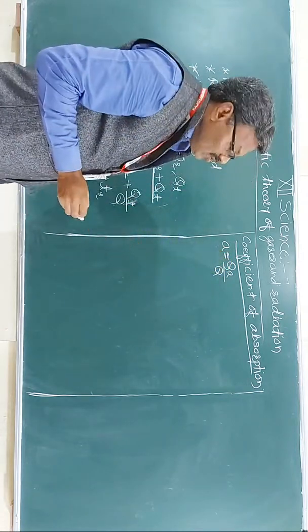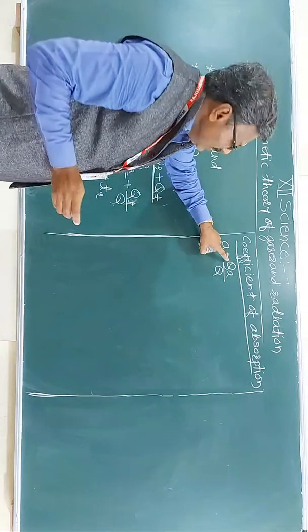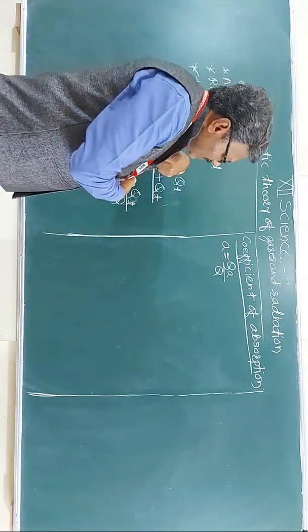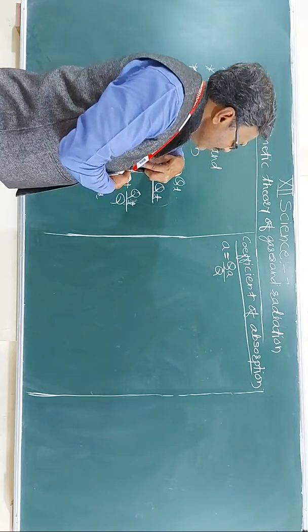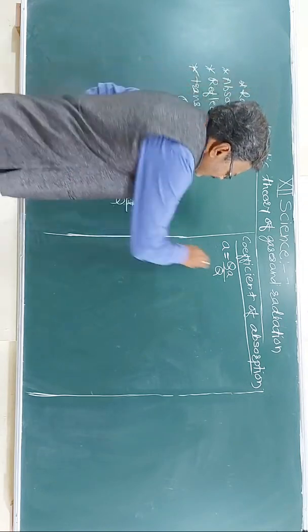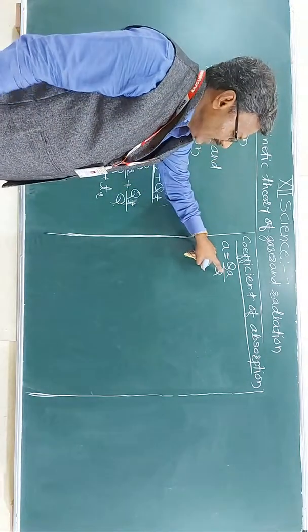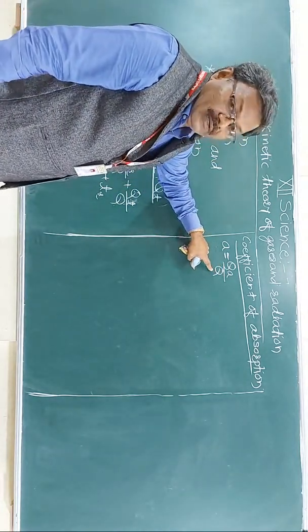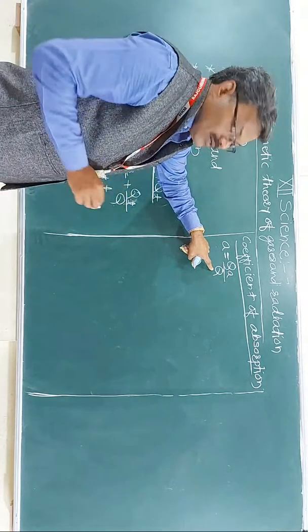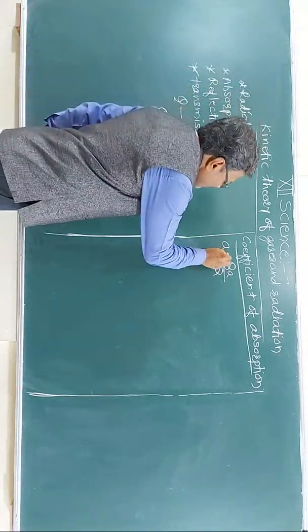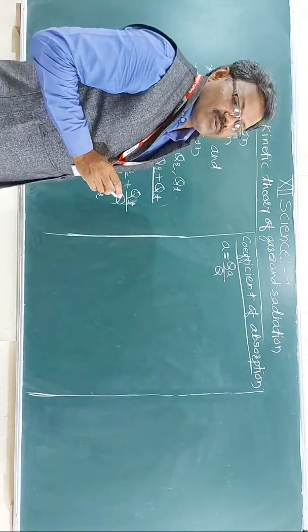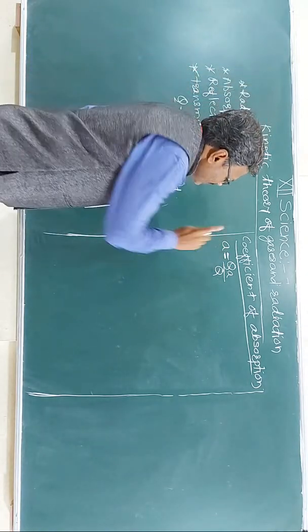We can define the coefficient of absorption as the ratio of radiant heat absorbed by the body to the total radiant heat incident on the body. This ratio is called the coefficient of absorption.